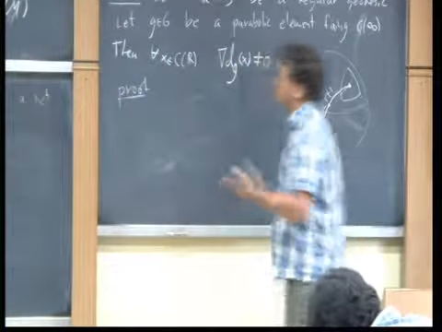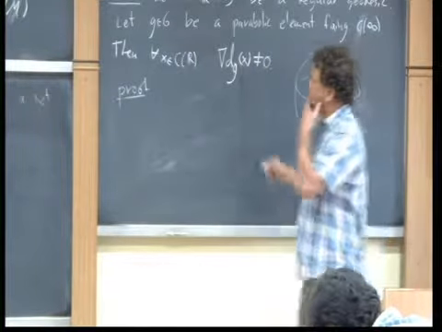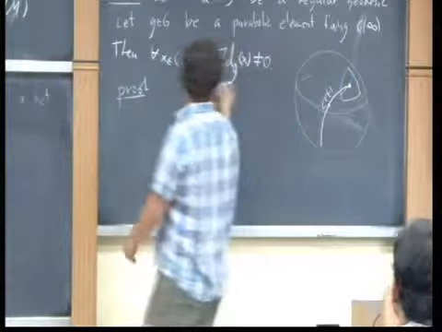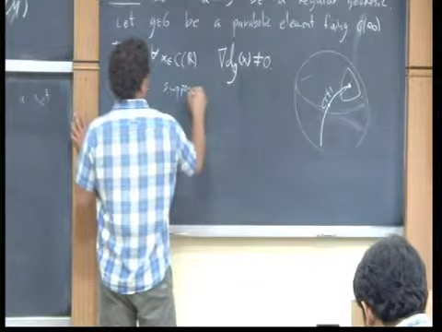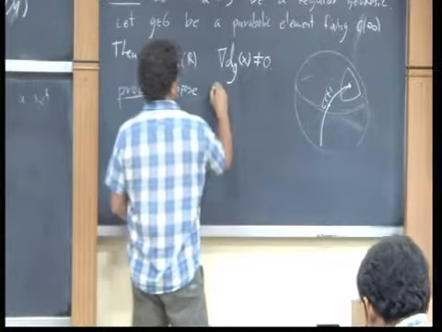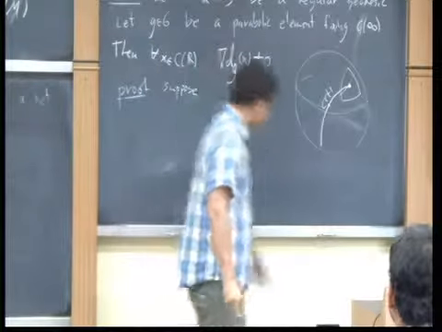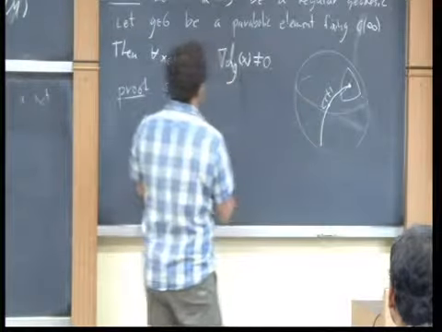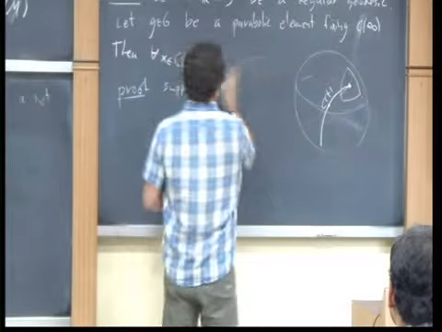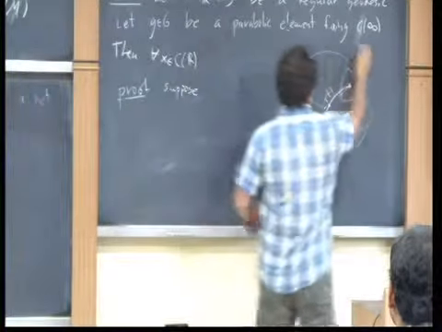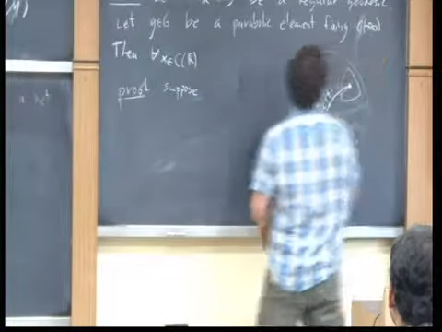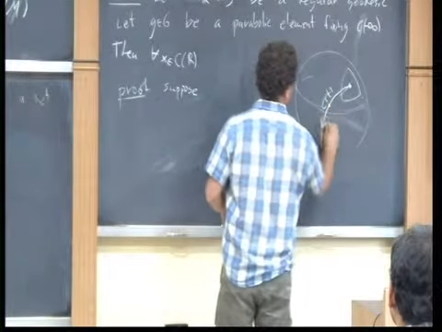So the proof is as follows. So suppose by way of contradiction that, in fact I need more. I need to say that let's suppose that C goes in this direction.